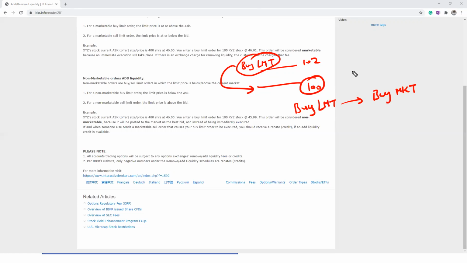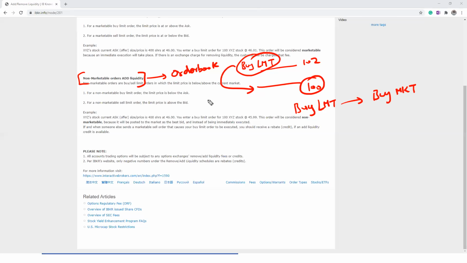This is more of a marketable order. Non-marketable orders don't move the markets; they add to the liquidity. It means they go and sit in the order book. So you have to go and study these examples.